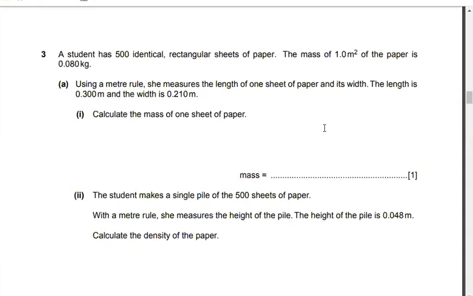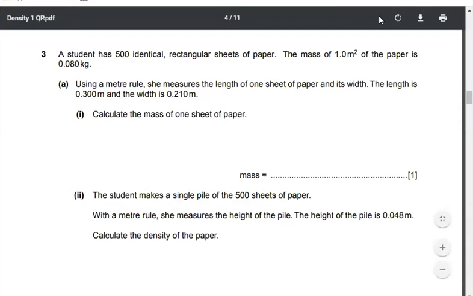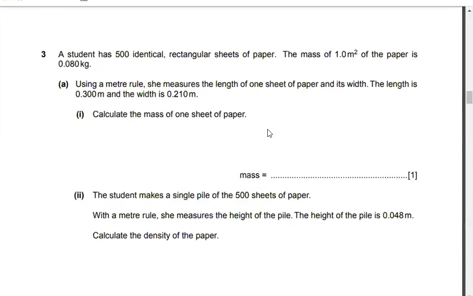How many of you have not understood this question? Okay, first just understand the question; how to solve is a different part. What is said here is that a student has 500 identical rectangular sheets of paper.